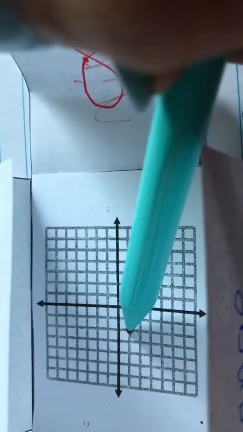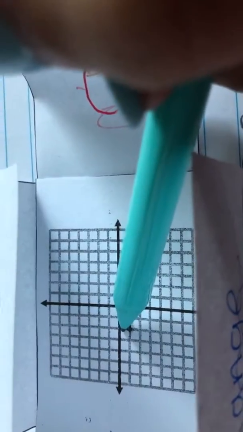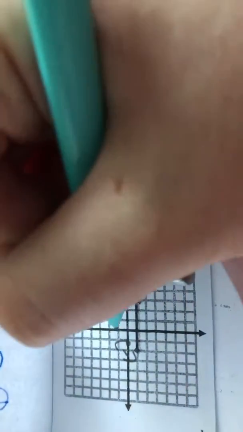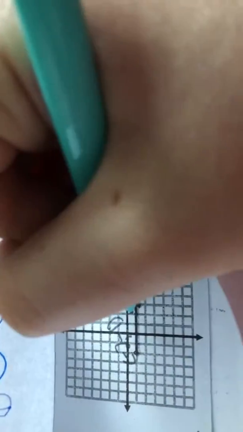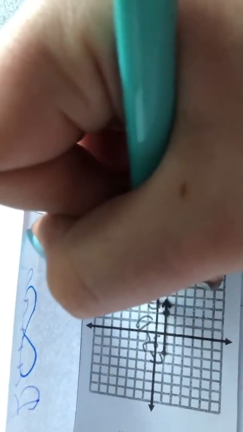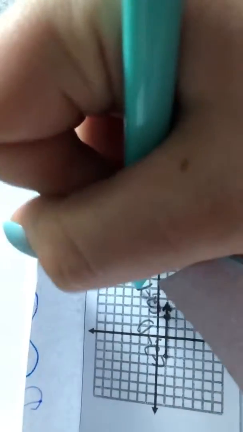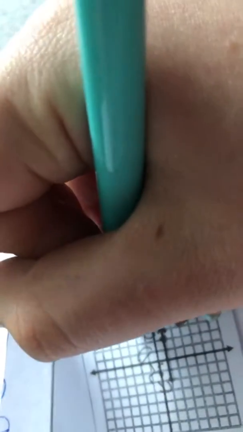If you find the ordered pair of this, it would be 1, 2, so it would be -2, -1. So this would be -2, -1. If we found a point here, it would be 1, 2, so it would be 2, -1. This arrow means that this line is going to keep going.